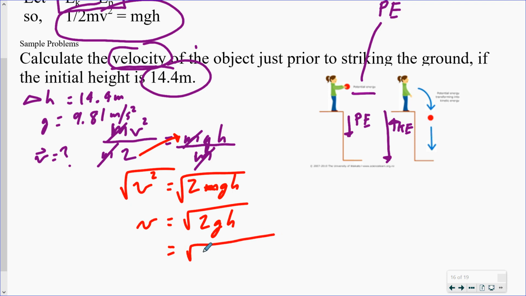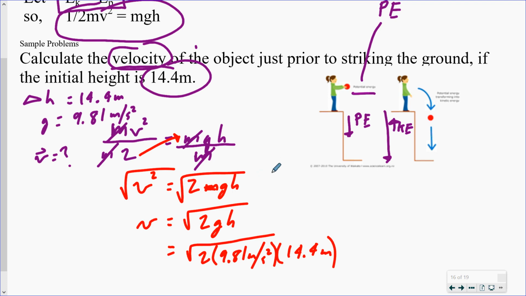As always, put in all your information, 2 times, with the units, 9.81 meters per second squared, multiplied by the height, which is our 14.4 meters. So we're going to multiply 2 times 9.81 times 14.4.